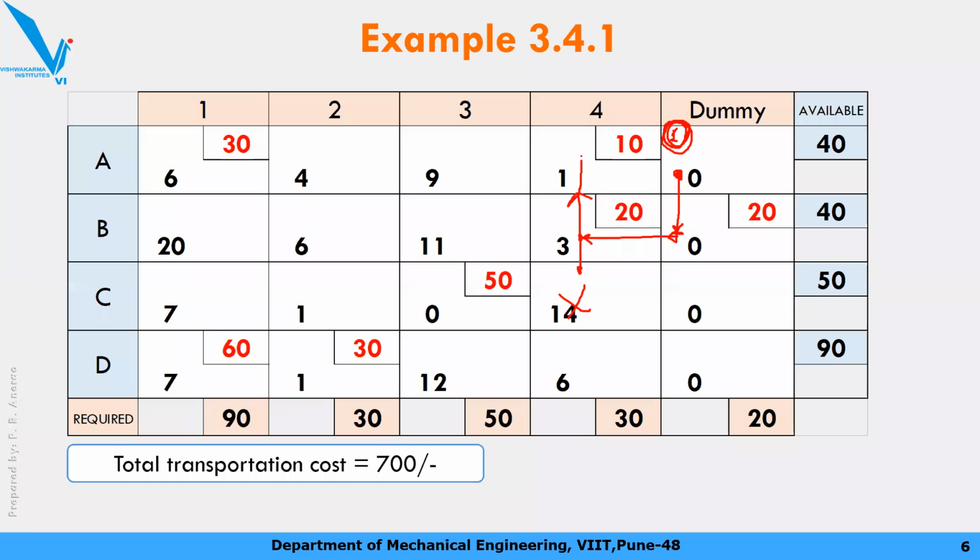Okay, so jump on the allocated cell, then again you can turn and come back. Okay, so this means the first option is not an independent cell because यहाँ पे closed loop form हो रहा है. ठीक है, so this option you can cancel.